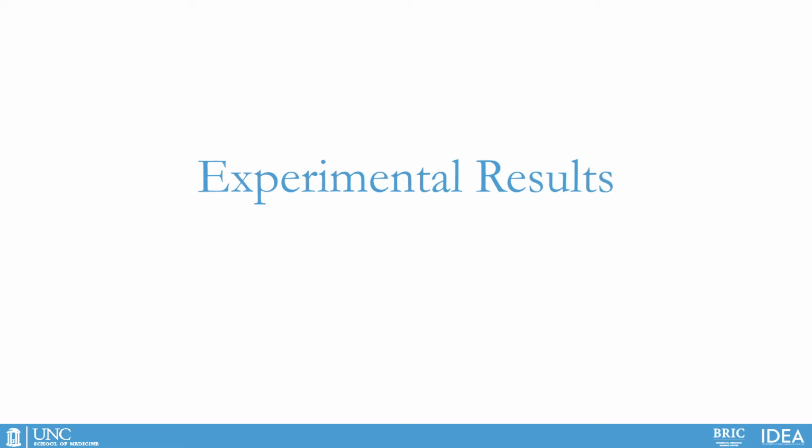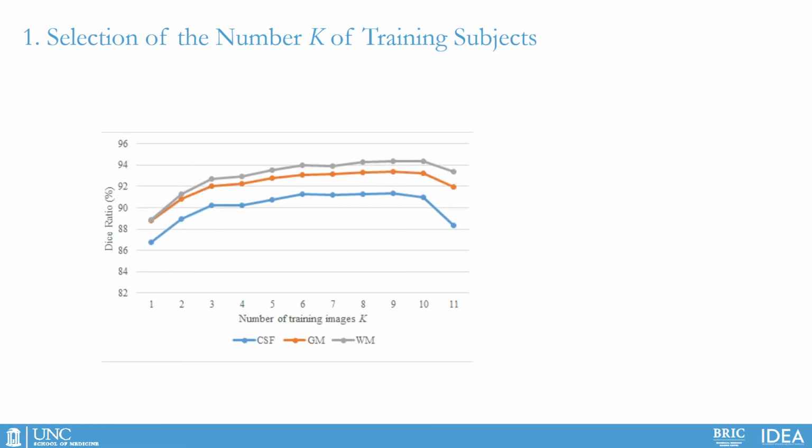There are some experimental results. The first experiment is selecting the number K of training subjects. As we discussed before, we choose the top K subjects as the training set. But what should the number K be? We set up this experiment to choose it.